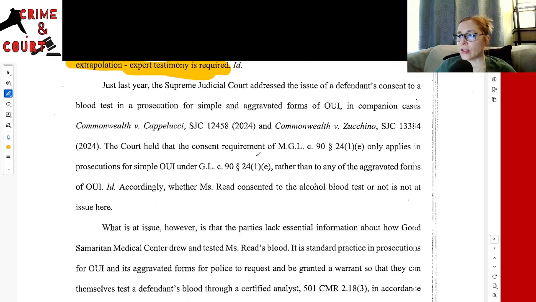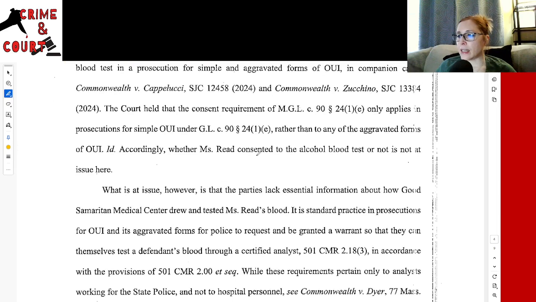All right, so just last year, the Supreme Judicial Court addressed the issue of a defendant's consent to a blood test in a prosecution for simple and aggravated forms of OUI, in companion cases, Commonwealth versus Cappellucci and Commonwealth versus Zucchino. You guys have a lot of Italian names over there.